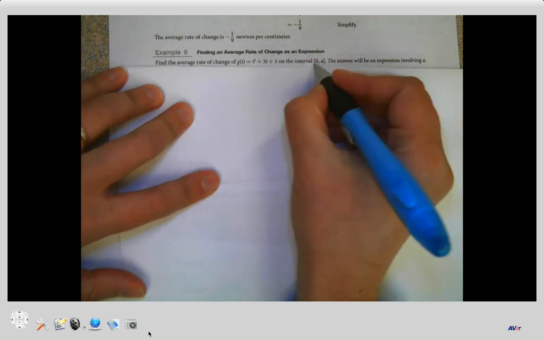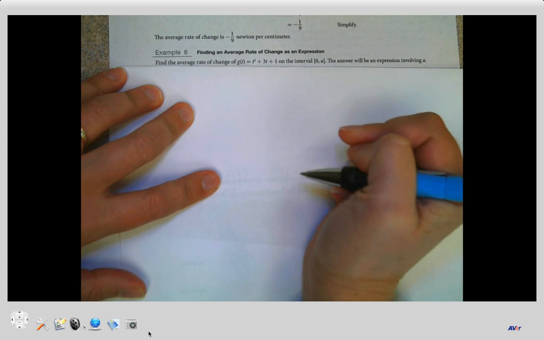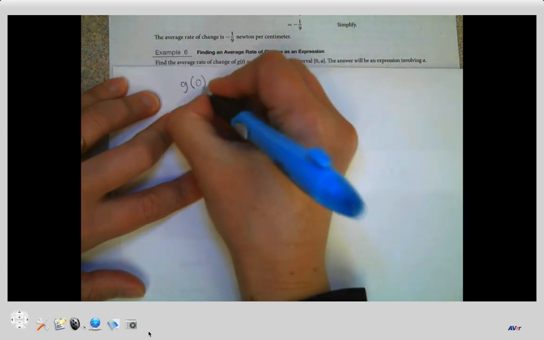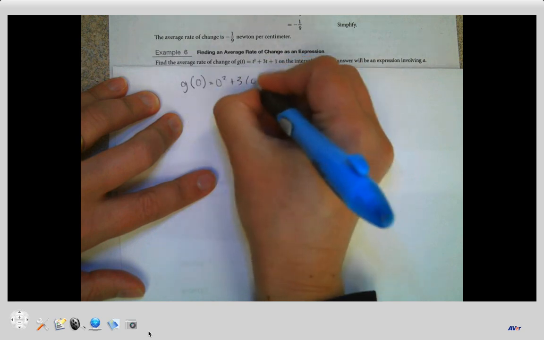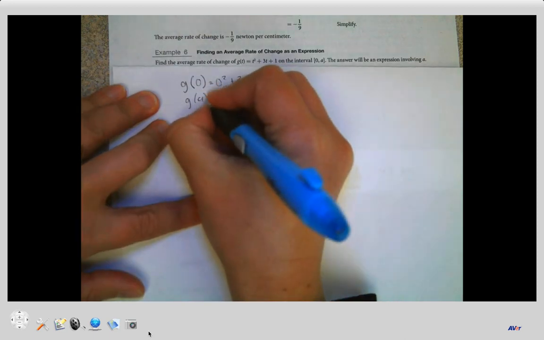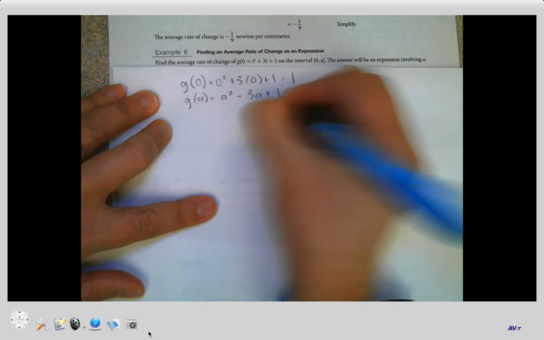Our interval is still from 0 to a, and we've got this equation. Just like we did with numbers, we're going to have to evaluate that. So let's find g of 0. G of 0 is going to be 0 squared plus 3 times 0 plus 1, which is 1. And g of a is going to be a squared minus 3a plus 1.